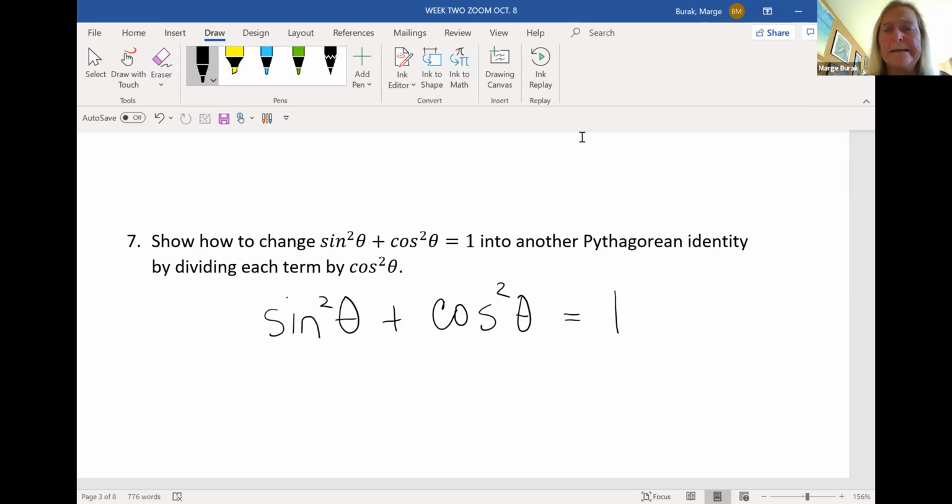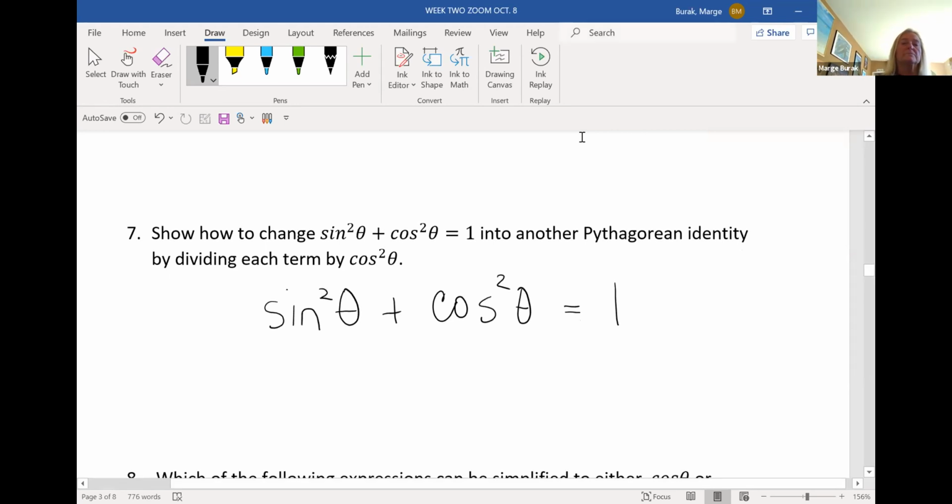This is an example of a question that you might get on a midterm.